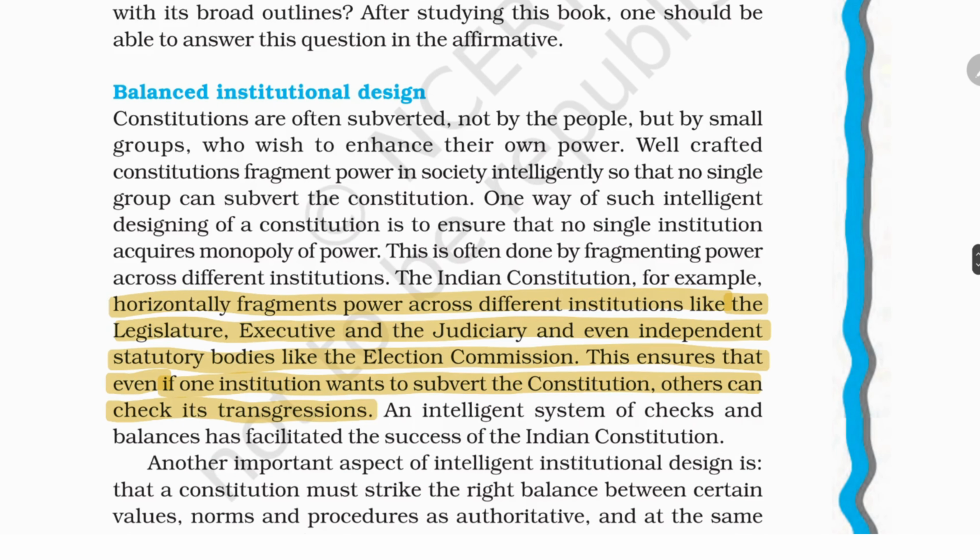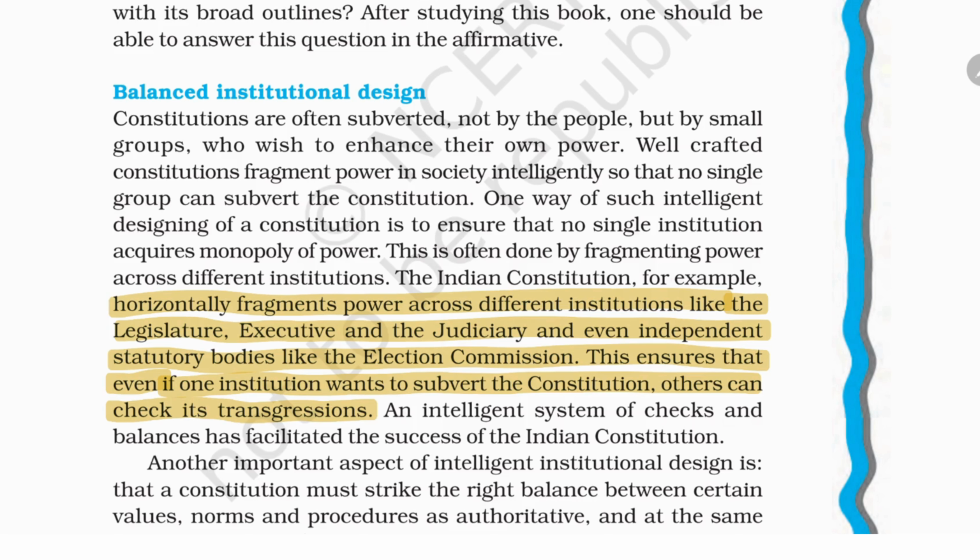Balanced institutional design. Constitutions are often subverted not by people but by small groups who wish to enhance their own power. A well crafted constitution fragments power in society intelligently so that no single group can subvert the constitution. One way of such intelligent designing of the constitution is to ensure that no single institution acquires a monopoly of power.